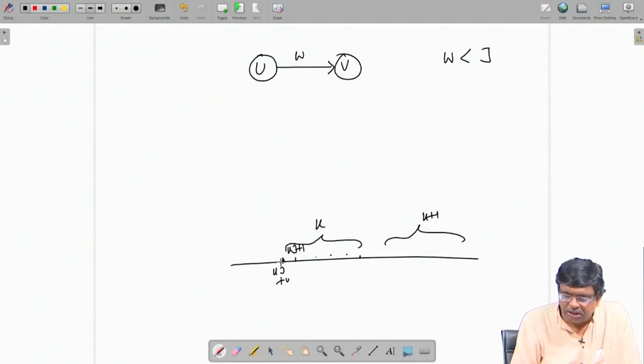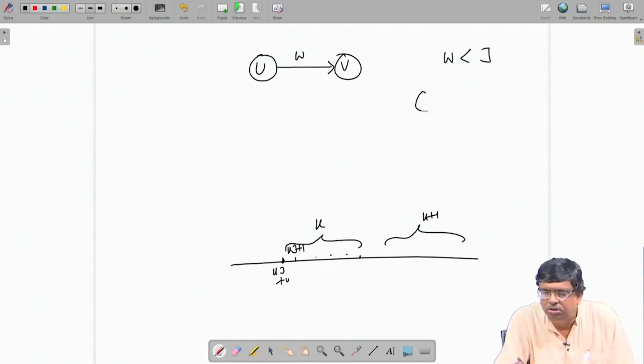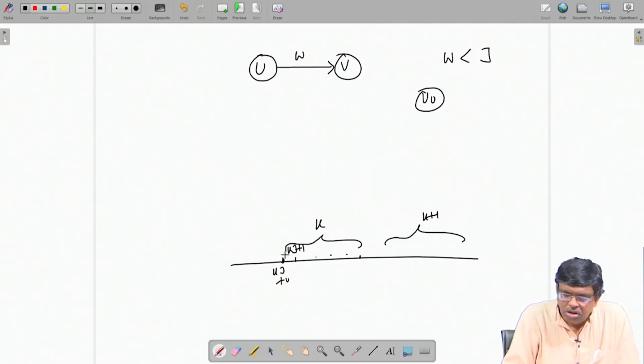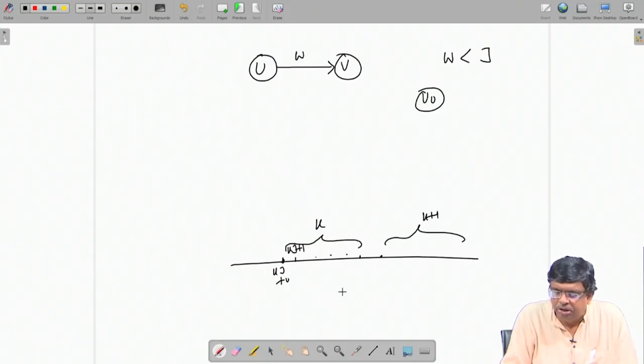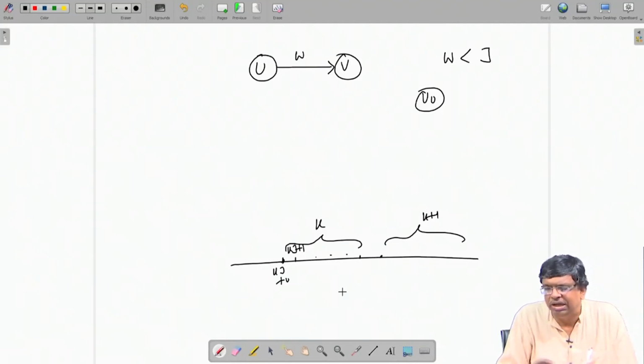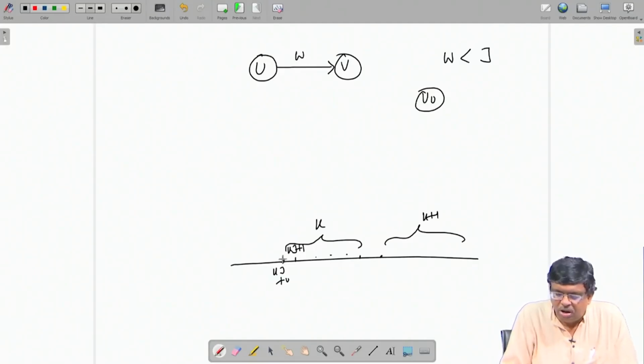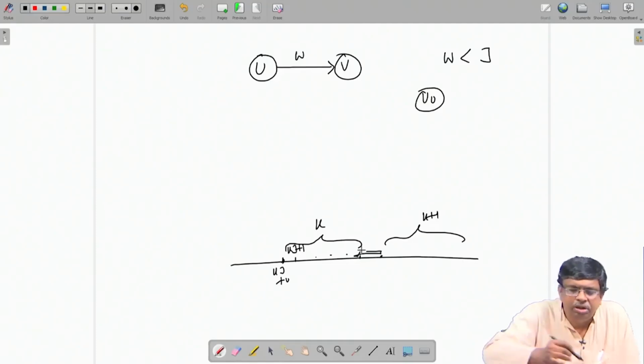So, now if I start at k j plus 0, that is if I have got u 0, and if I go to the right by w number of input cycles, 1, 2, 3, if w is equal to J, from k j plus 0, if you start counting J, you will hit here. So, you go to the next cycle, but since w is less than J, if I count w to the right, I will not reach here, I will be either here, sorry.